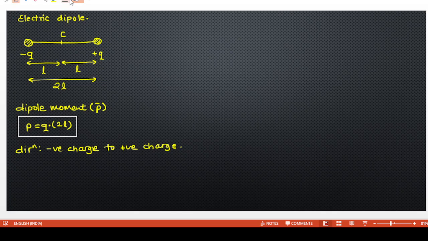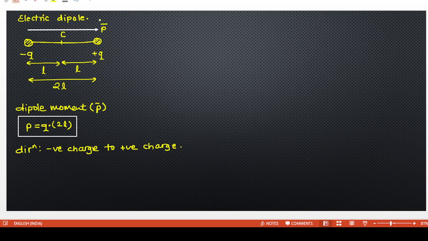So you can show this as an electric dipole. This arrow is taken as electric dipole moment p bar. Its direction is from negative charge to positive charge.